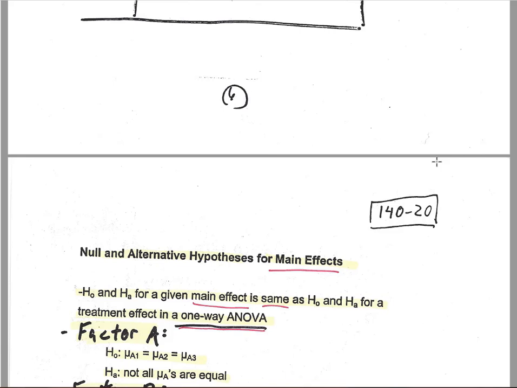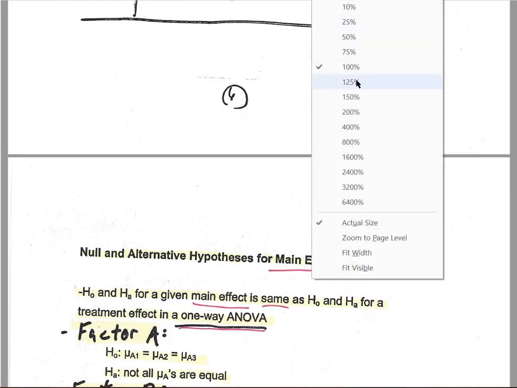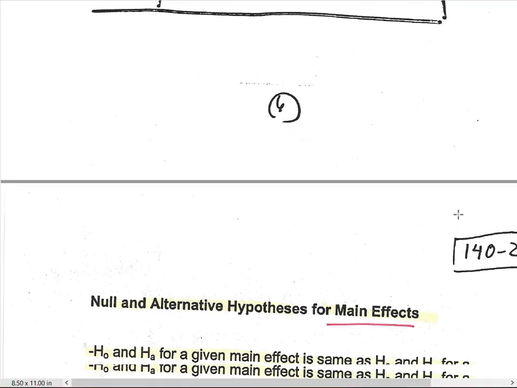Statistical null hypothesis is almost always a prediction that in the population there's no difference between your various treatment conditions that are being compared. Almost always the researcher hopes that he or she will be able to reject the null hypothesis. Well, how do we state the null hypothesis for a main effect if we're doing factorial ANOVA?